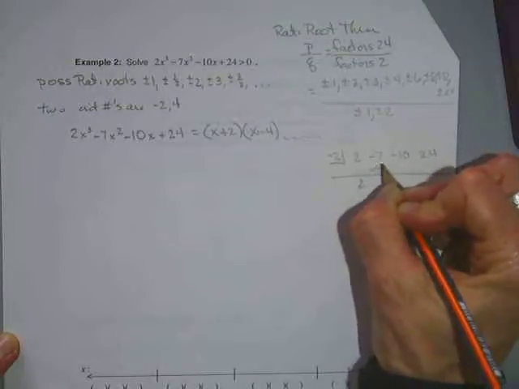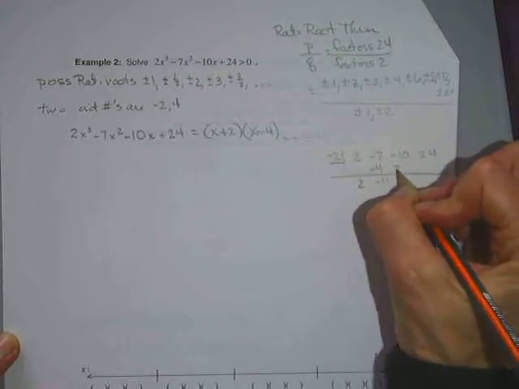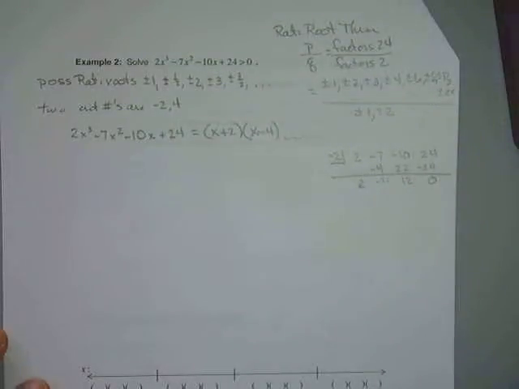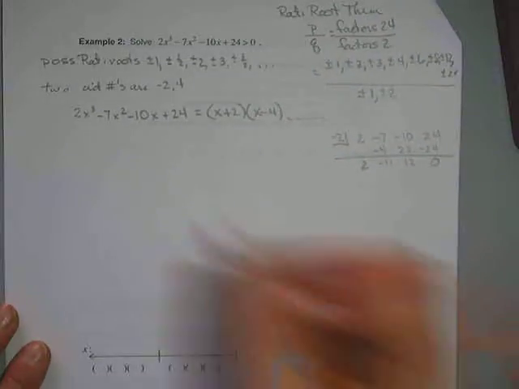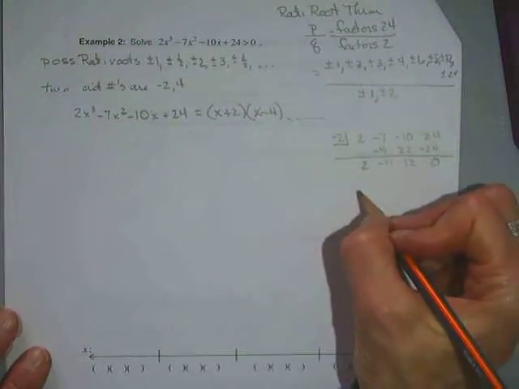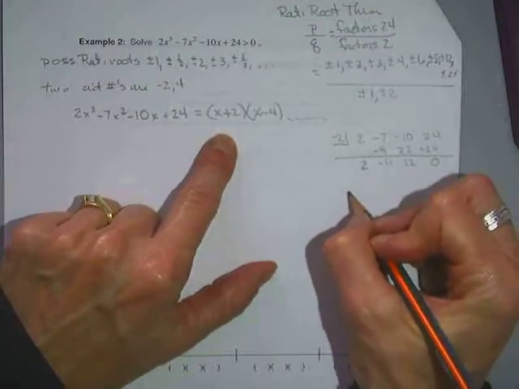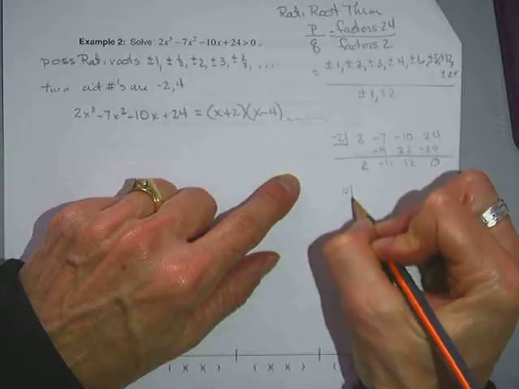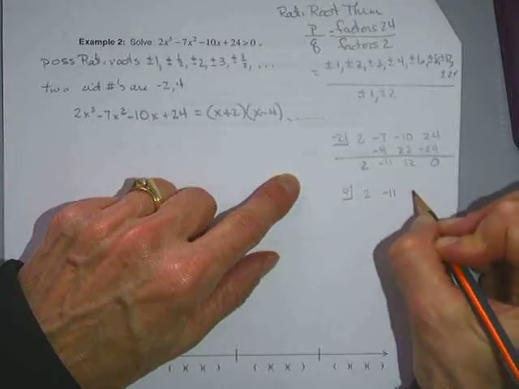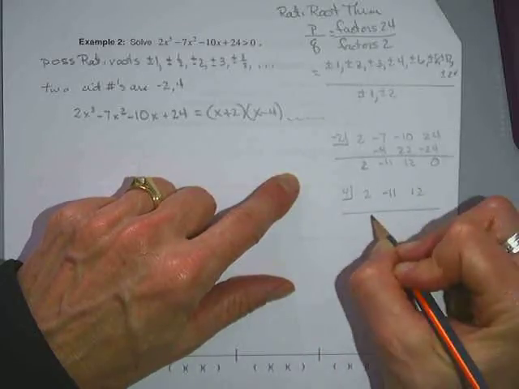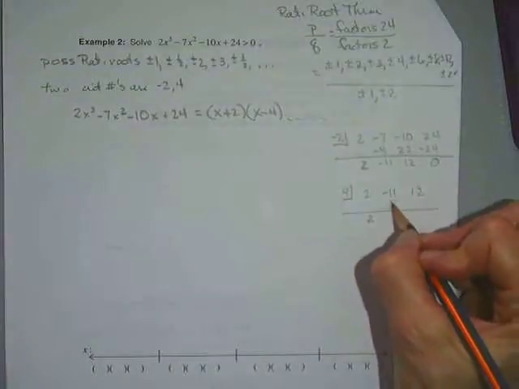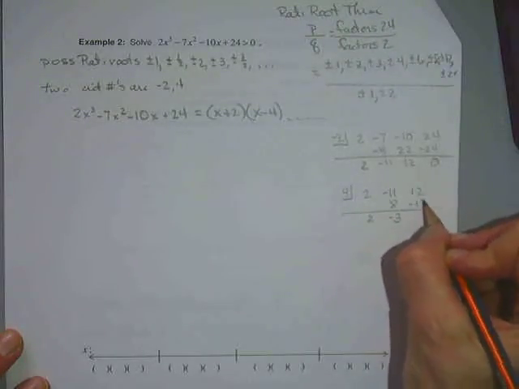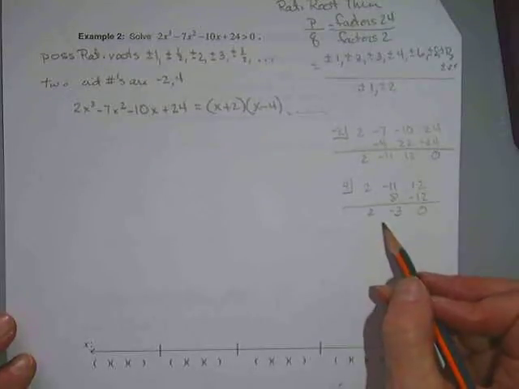Synthetic division? Yeah, let's do that. And that's not too bad. So let's go -2 over here, and we're going to do 2, -7, -10, 24. Should come out 0 because it's a factor. So now I'm going to divide this leftover stuff by 4.